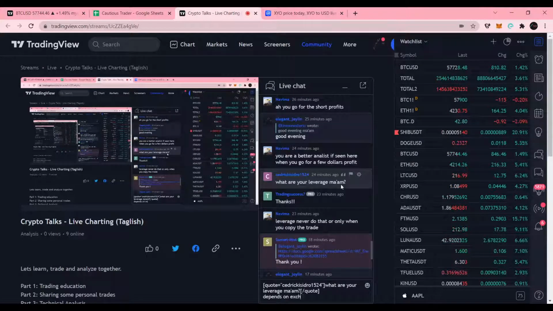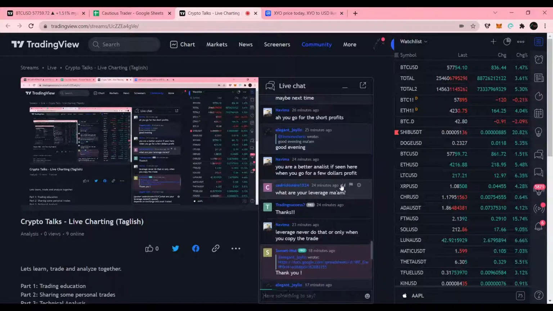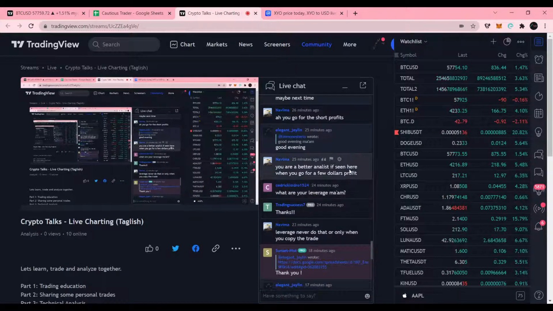It depends on the exchange and the asset traded. But normally I'm using the maximum. Of course, for newbies it's actually very risky.